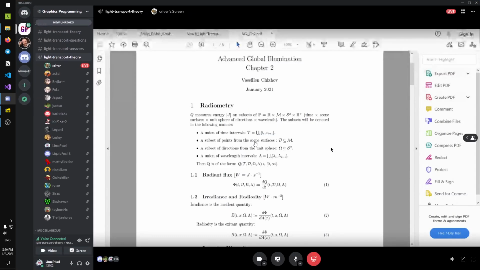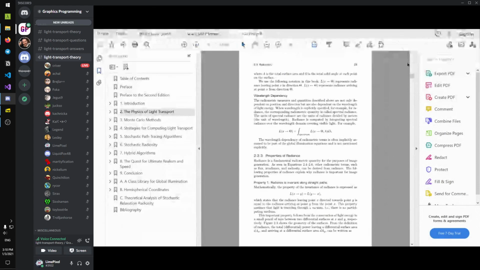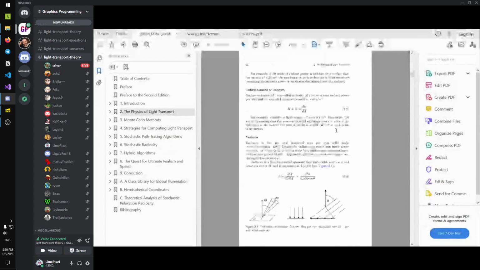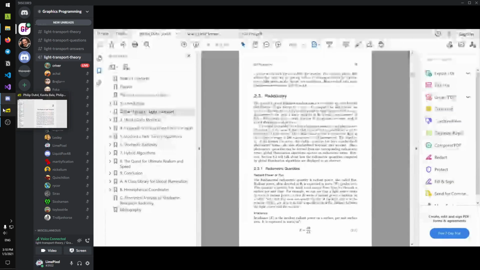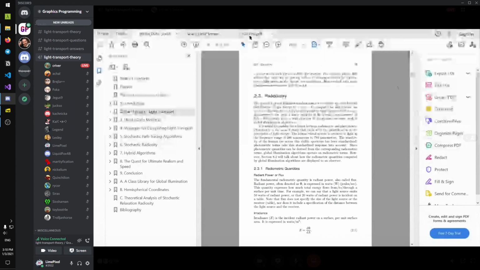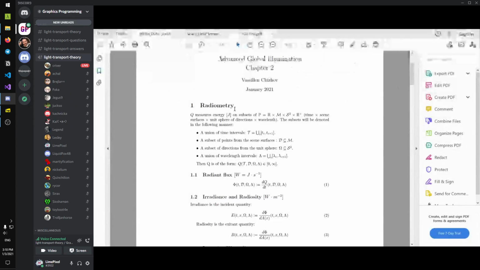Okay, in the second chapter, let me pull it out. The second chapter starts with a definition of flux, but even before that, you can define the energy in your scene. Just imagine a detector that detects the photons falling on it.